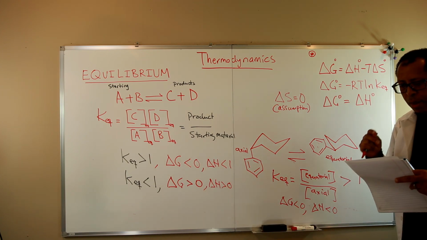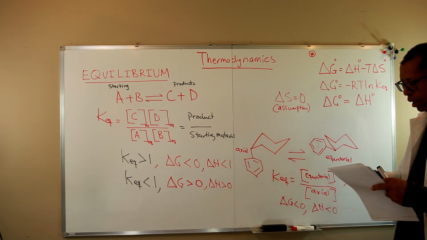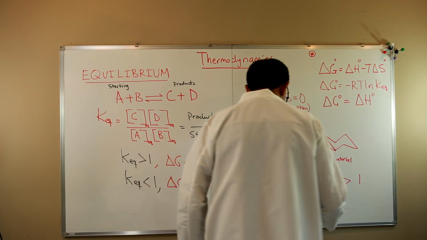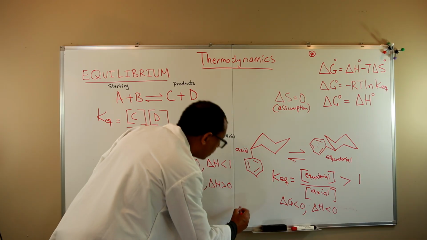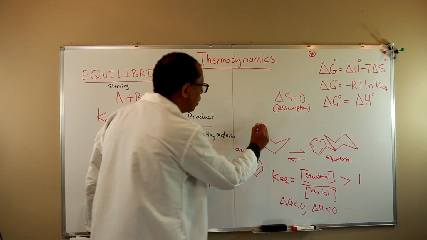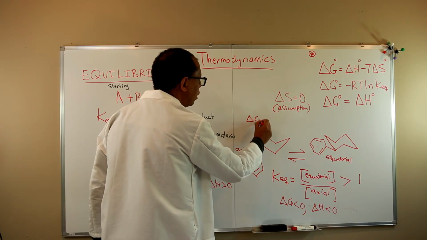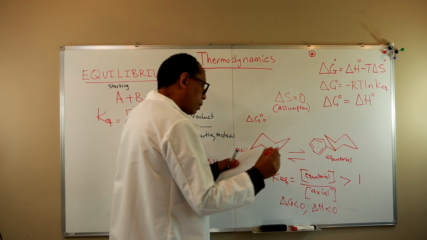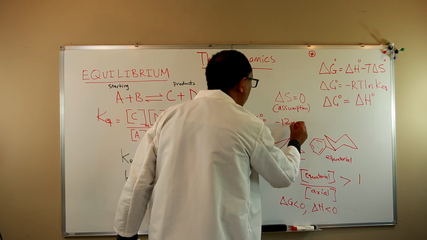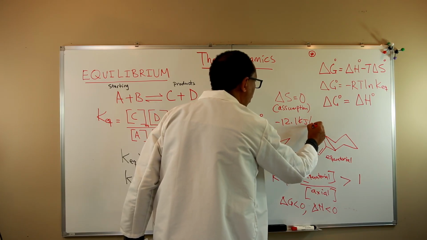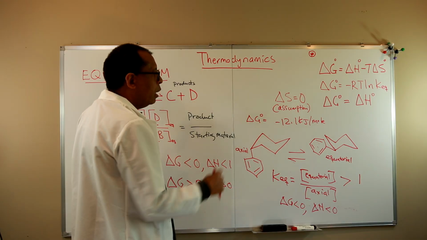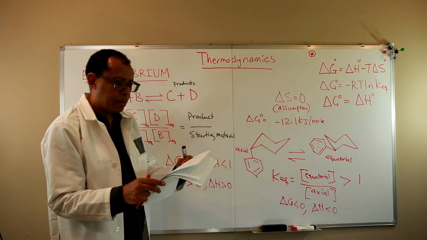Actually, I have an actual number. The delta G naught for this, which I will put right here, as measured, is minus 12.1 kilojoules per mole. So it makes sense. Delta G is less than 0.